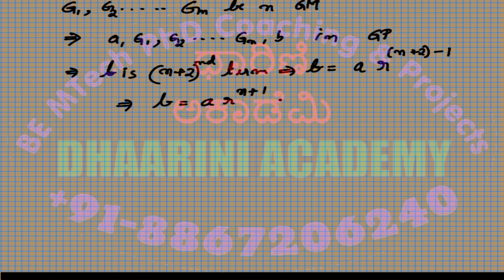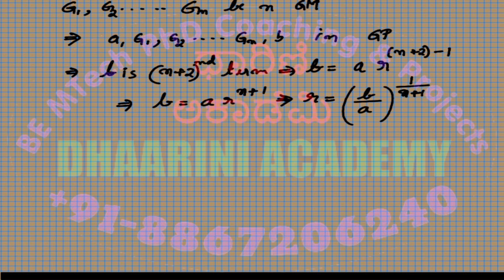So if you want to find r, you can find r easily. Take a to the other side, that becomes b by a. I have a power n plus 1, so take n plus 1 th root of this term, so the power becomes 1 by n plus 1.